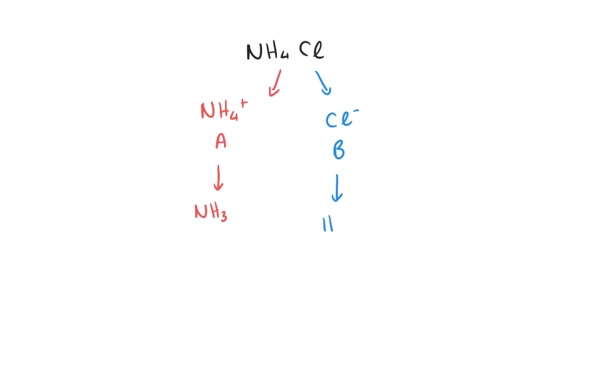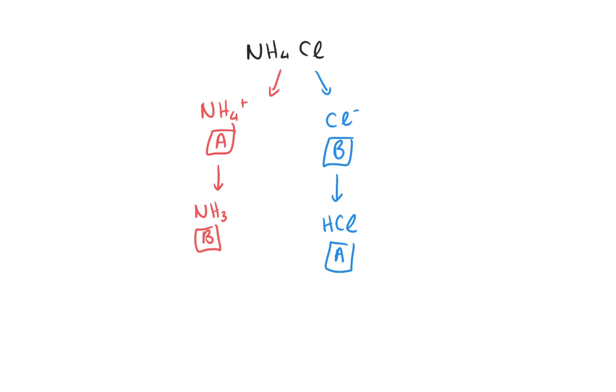So it would have been HCl. So if this was my acid, this is going to be my conjugate base. And if this is my base, then this is my conjugate acid. And these two I actually know.